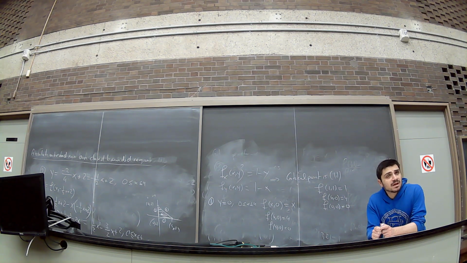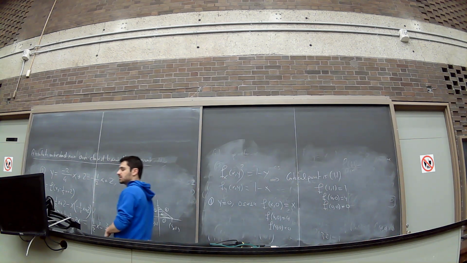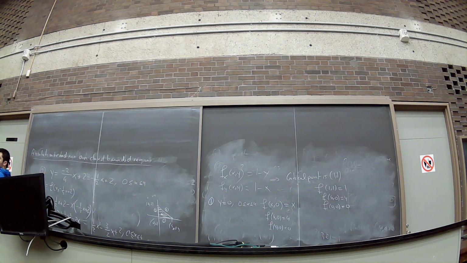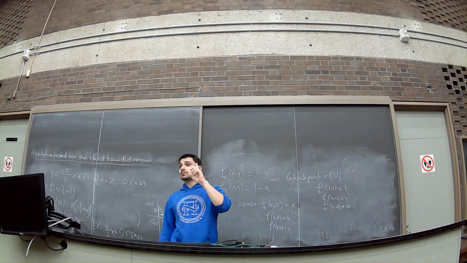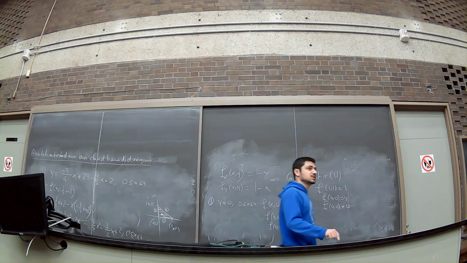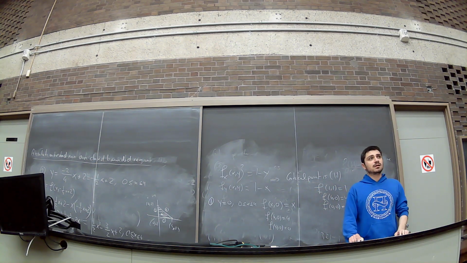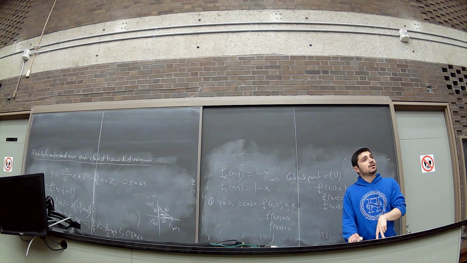Now, where does this function achieve its minimum? This is a quadratic function, right? What do we know about a quadratic function over R? I have ax squared plus bx plus c, where a is non-zero. The vertex of a parabola is at x equal to minus b over 2a, and it's a maximum if a is negative and a minimum if a is positive, right?